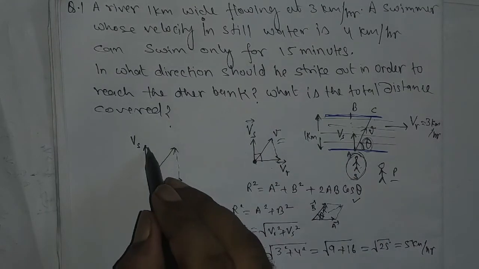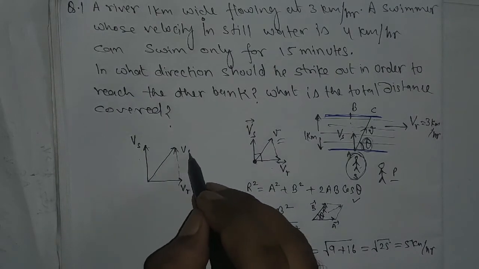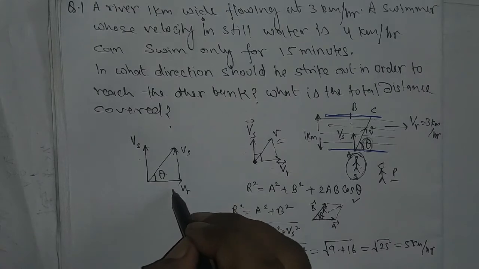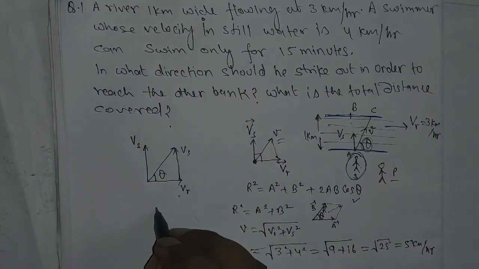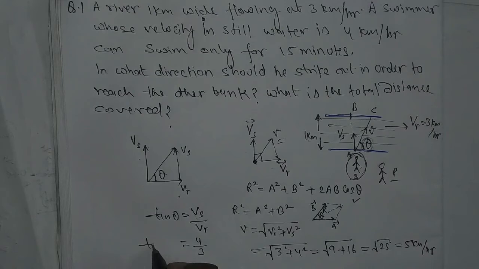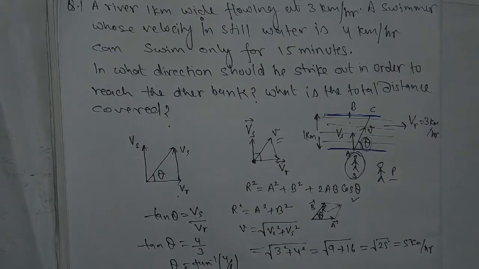This is parallel to Vs, so this will be Vs, and this angle we will have to tell. This is Vr, so tan theta is equal to nothing but Vs by Vr, so that will be 4 by 3. Tan theta is equal to 4 by 3, so theta is equal to tan inverse 4 by 3.